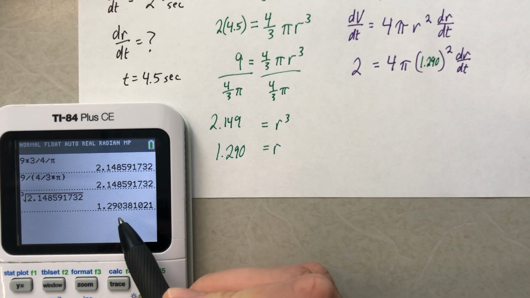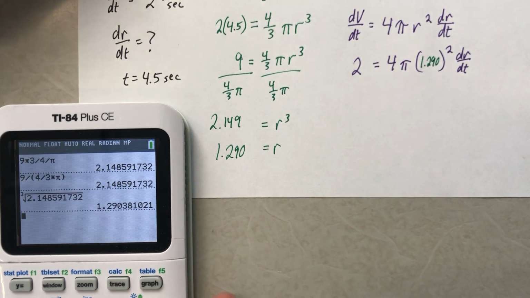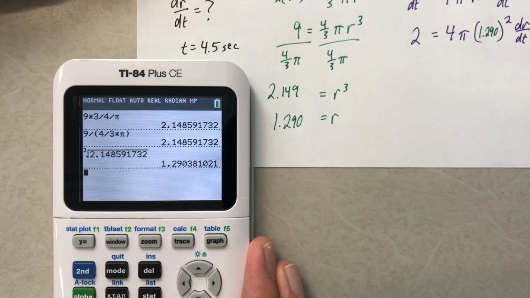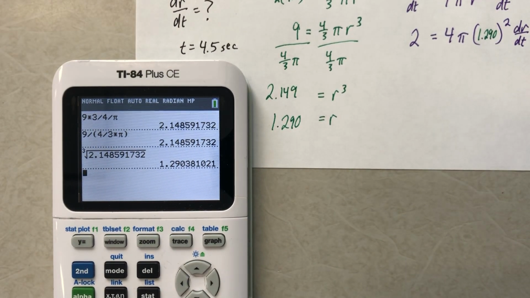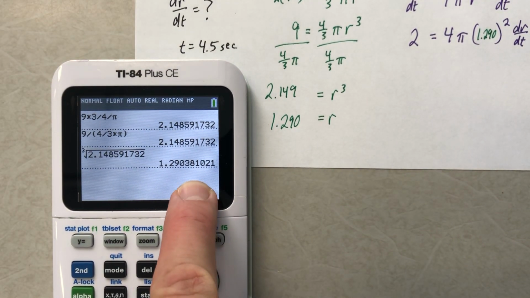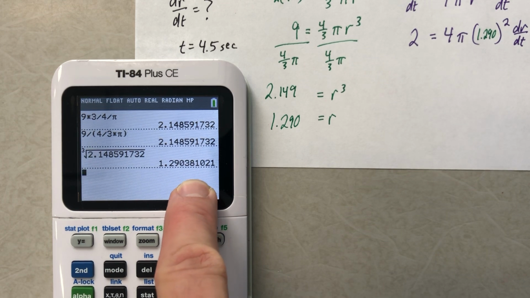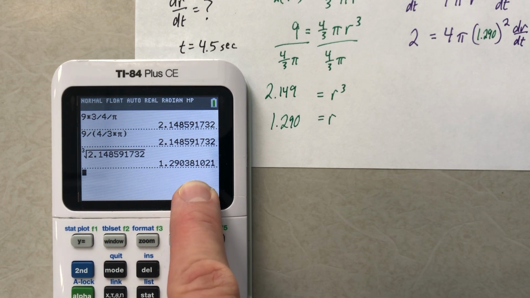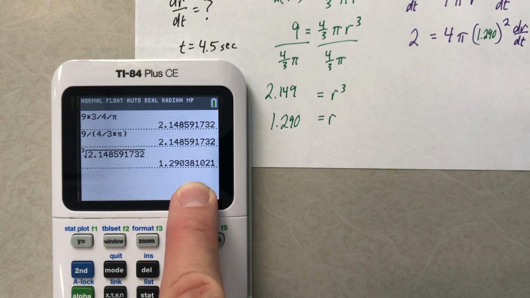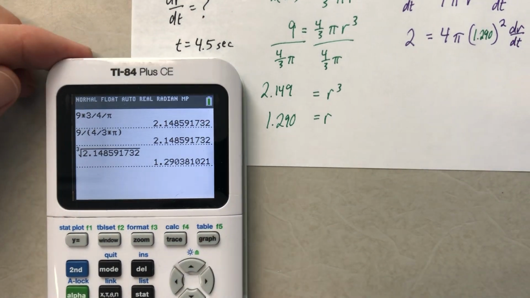I'm going to use 1.290381021, and I don't want to write that over and over. So just in case you haven't seen it before, here it is. This is my radius, and for the rest of this problem, I'm going to call this my radius. But I want to store it in my calculator for all the other times I'm going to need it between now and the end of the problem, which isn't much, but it's handy to do.